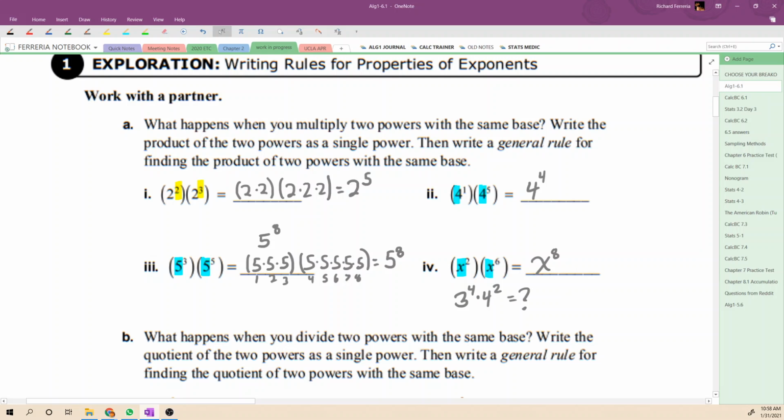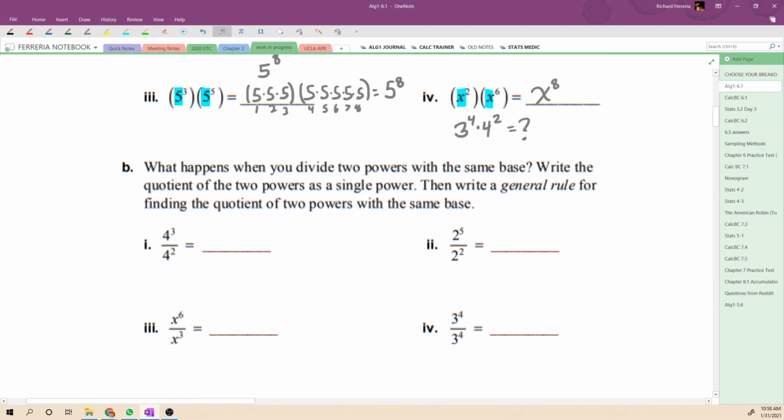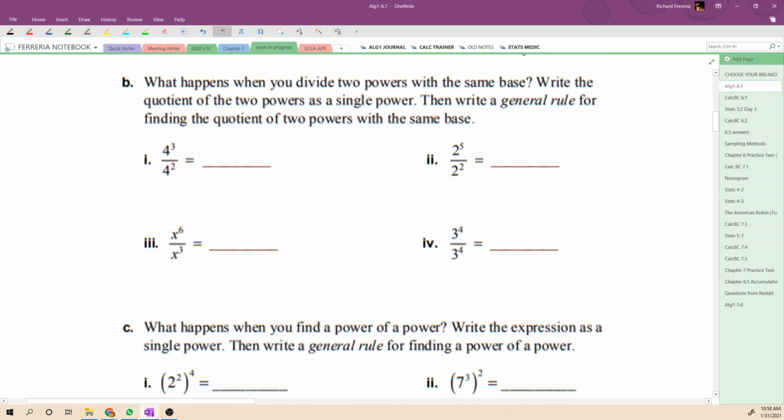Okay, we now have one rule for exponents, and our next rule would be taking a look at how division works. So here we're going to take everything in the numerator and break that down into 4 to the 3rd power. So we've got 4 3's on the numerator.